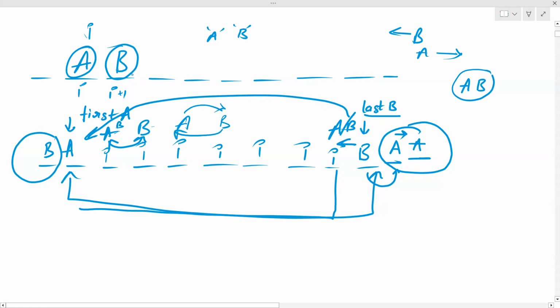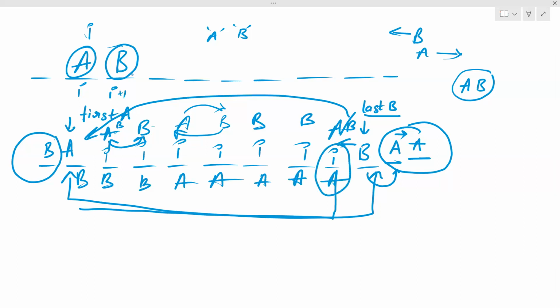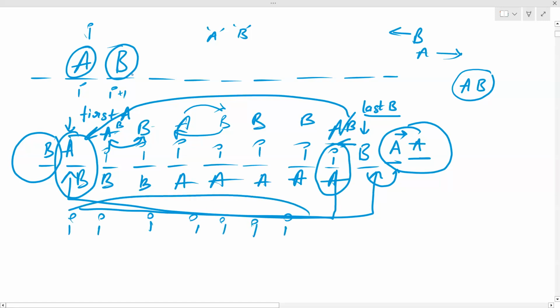At the end, all the B's that were in between these two will end up here, and all the A's will end up here. So in a way, here will come an A, here will come a B. So we would have done all the operations choosing all of these i's. Is it making sense? Between the first A and the last B.